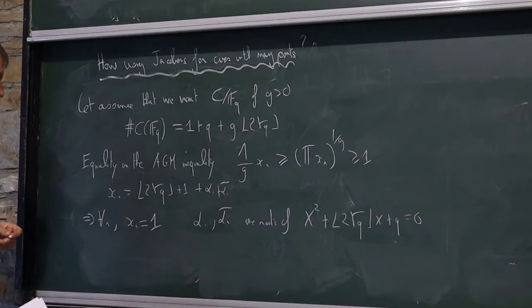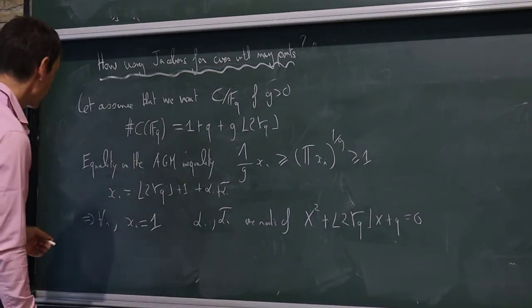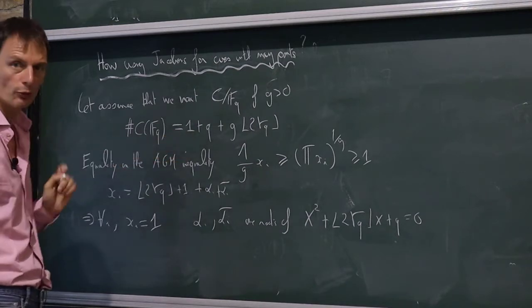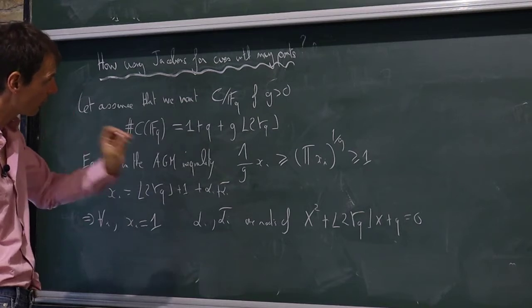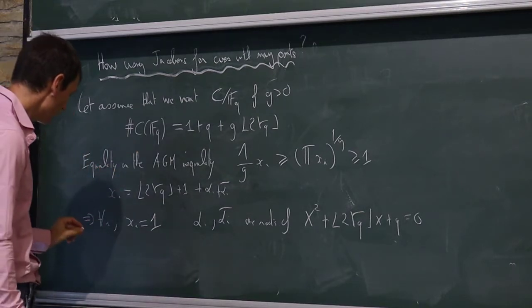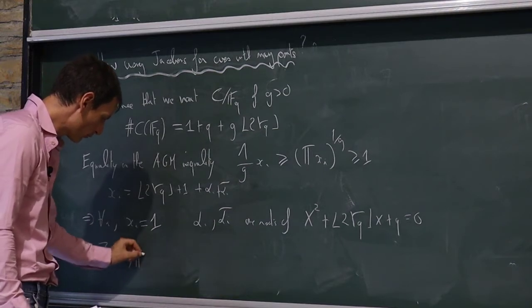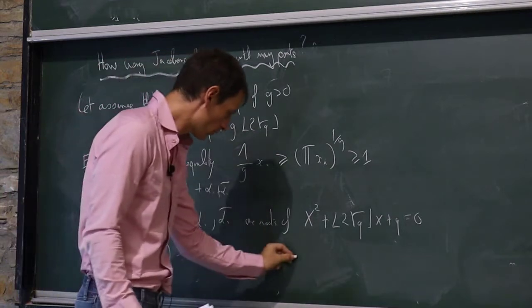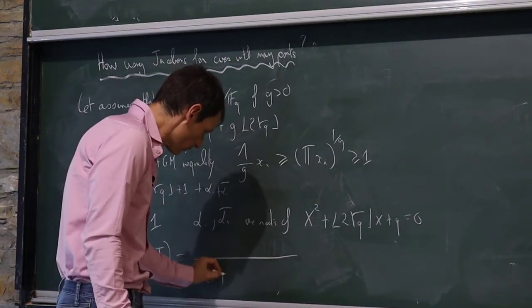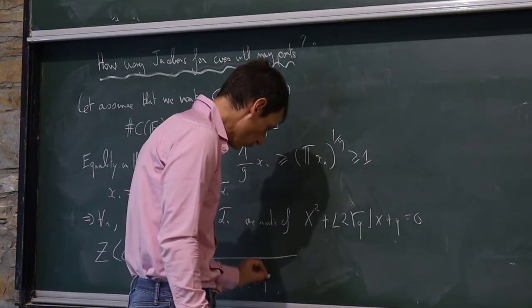But then, what does it mean? It means that I know completely the zeta function of the curve just by imposing the number of points on FQ, because it is such an extreme case, it determines completely and uniquely the zeta function of C over FQ. So obviously, the denominator is going to be 1 minus t, 1 minus qt, as usual.